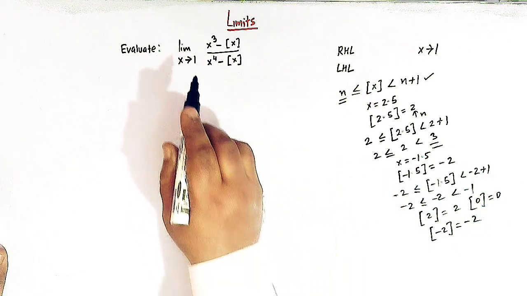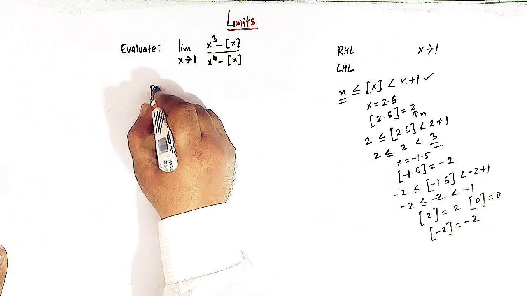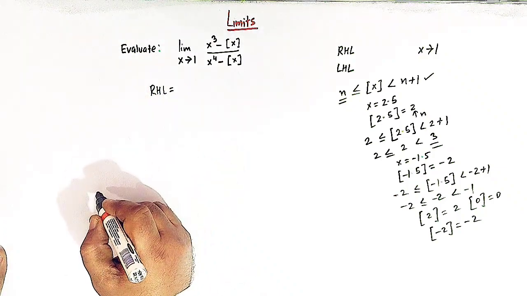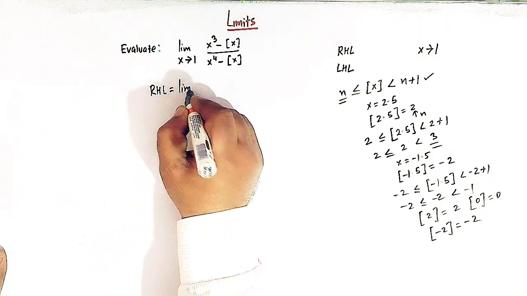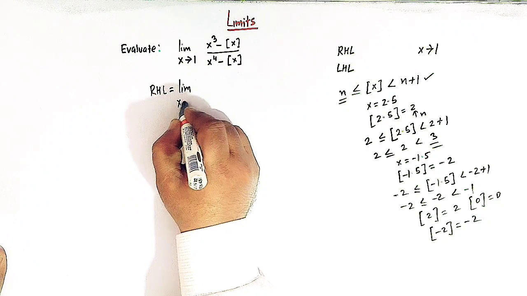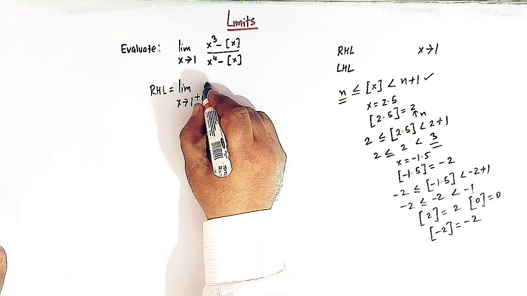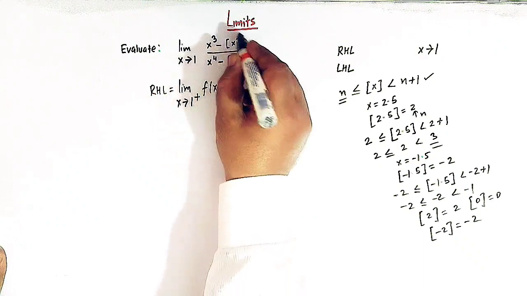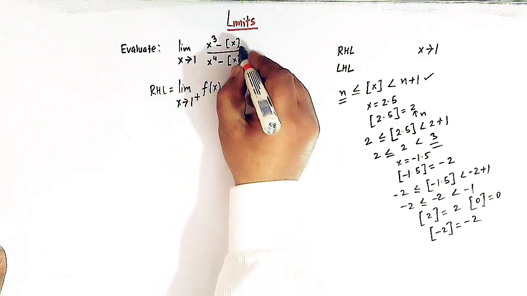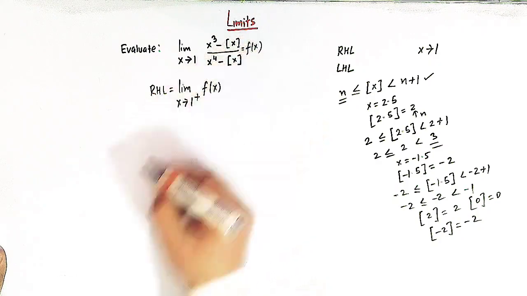So let us come to our problem and find out the right hand limit. The notation for right hand limit is limit x tends to 1 plus, with a positive sign, of the function f of x. We can take this function as f of x.